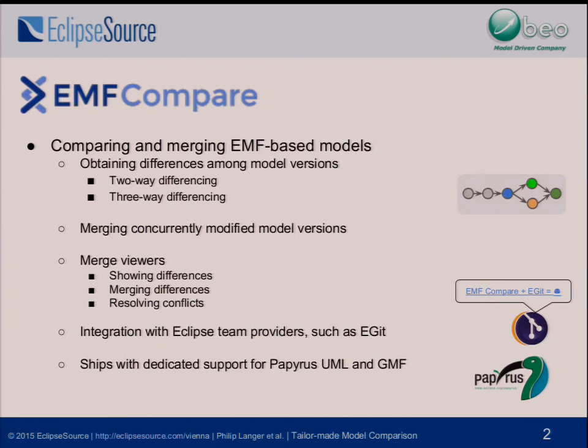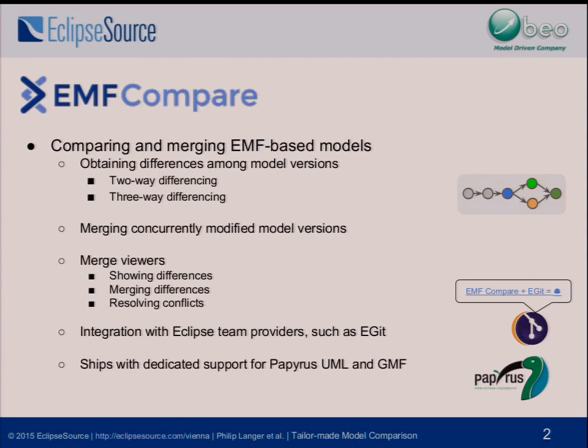You want to know what other changes that happened in parallel, actually how they affected the model. And eventually, you often want to create the merged version that consolidates all the changes that have been applied in parallel to a model. So EMF Compare has that covered: two-way differencing, three-way differencing, and merging of concurrently modified model versions.